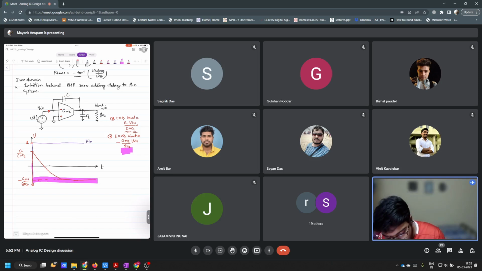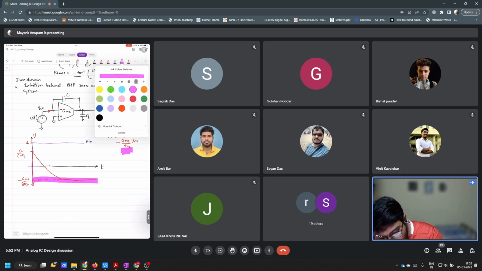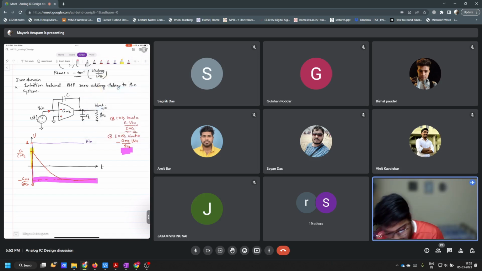But this response took a whole different approach because of the 0, right? It first went in this negative, opposite direction to where it should have settled, and then it started decreasing like this. So because of this right half plane 0, instead of going in the correct direction, it took a wrong turn.